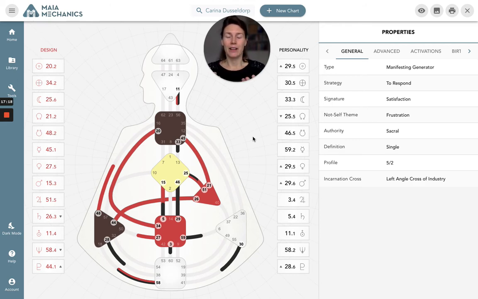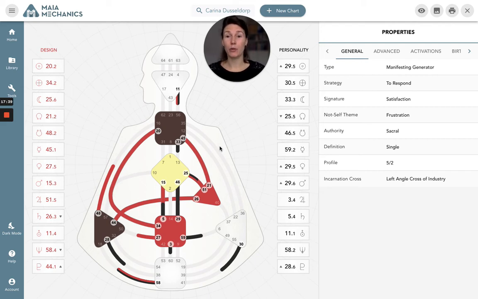But what happens is, because of conditioning, because of how we think we should be, we think we have to be the whole chart.